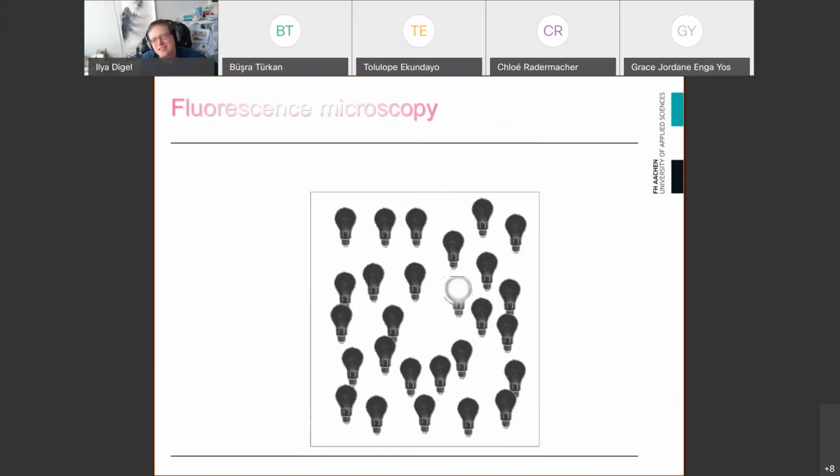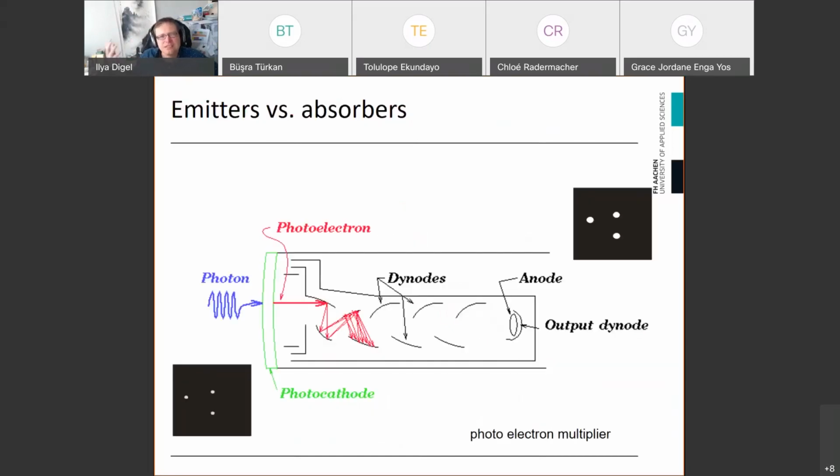Another advantage, and I'm talking about principal advantages of fluorescence microscopy, that I think is also quite easy to understand, is this. Let's compare again with bright field classical optical microscopy. You have a light source and you let this light go through your sample, and in the end you see some picture.